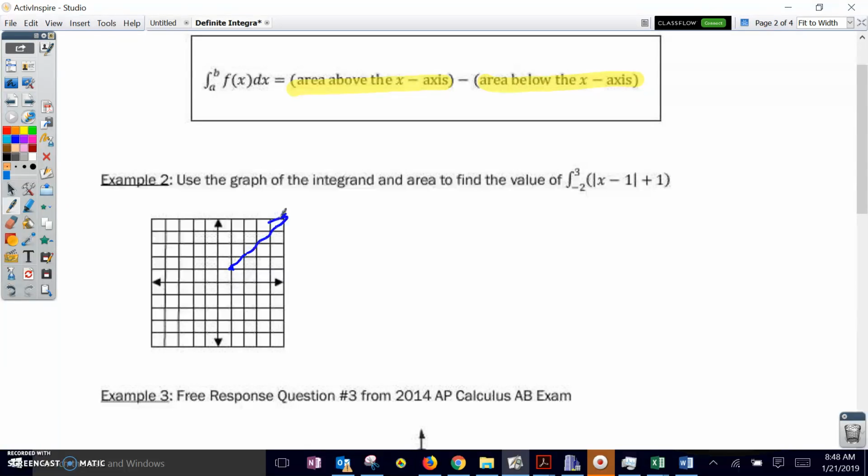And I'm just going to hand draw in that. And there's what our curve looks like. And we're finding the integral of this from -2 to 3. So let's put those boundaries in there. Here's -2.